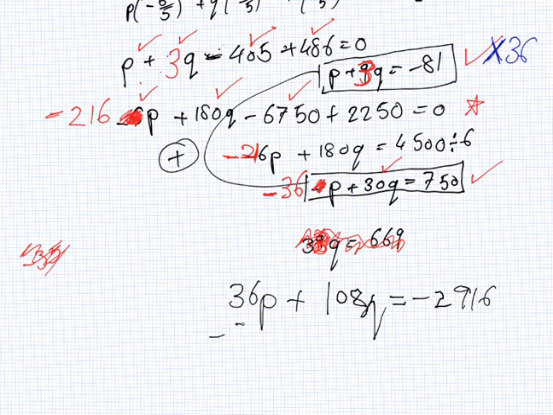And then here, minus 36P plus 30Q equals 750.